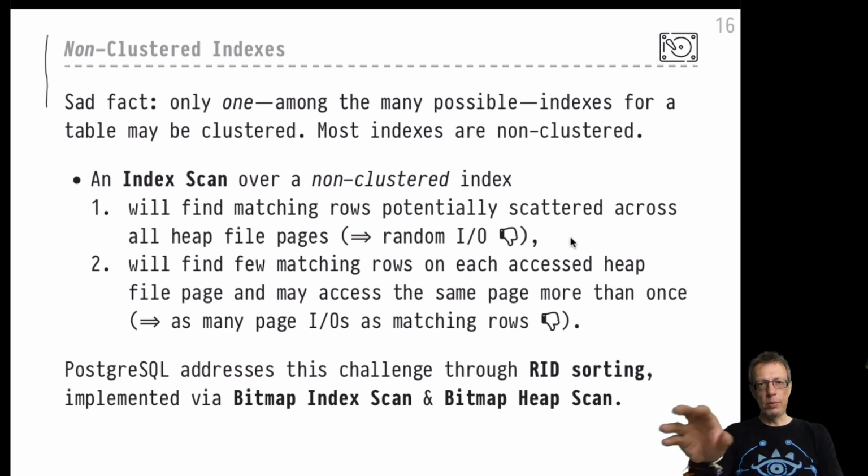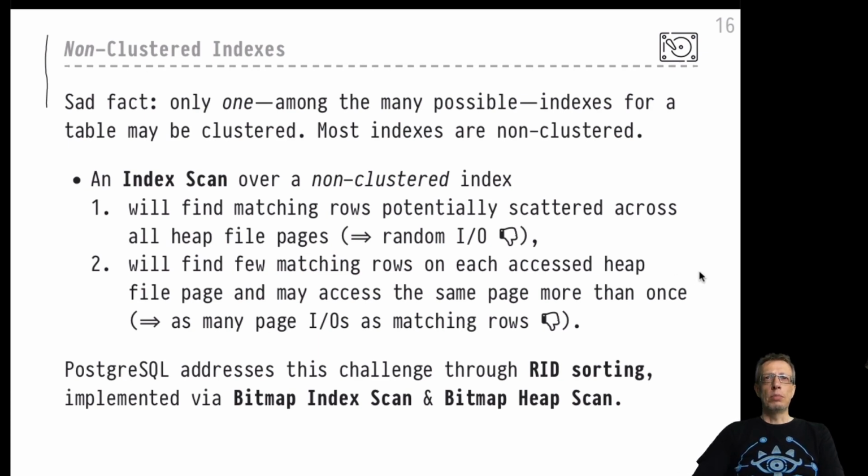So maybe it's a page near the end of the file, then the next hit may be near the beginning of the file, and so on, and we may perform really crazy jumping while we perform the very ordered sequential index scan, but this will lead to random I/O accesses into the heap file.